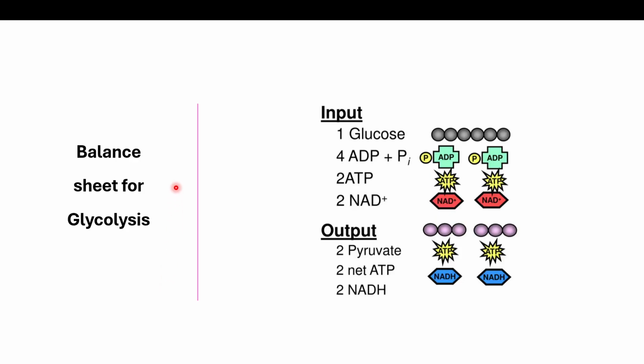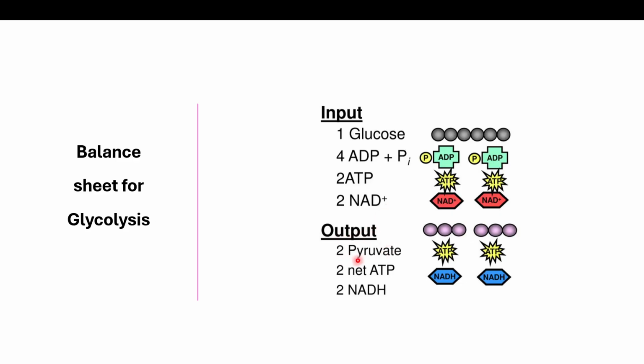So when we look at the balance sheet for glycolysis, the input is 1 glucose, 4 ADP and 4 inorganic phosphates, and 2 ATP, 2 NAD plus in total, including both the preparatory phase and the payoff phase.